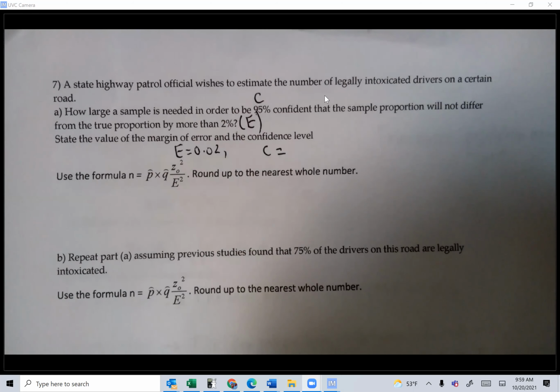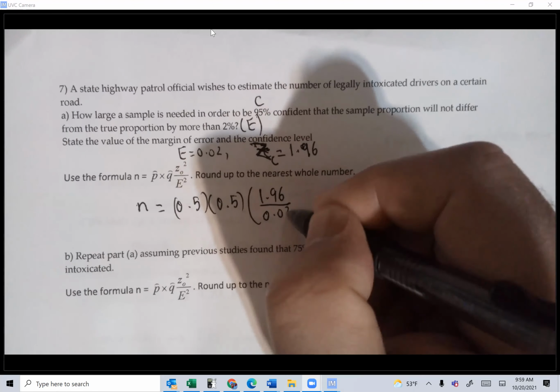Exactly. So N, guys, will be 0.5 times 0.5 times 1.96 divided by 0.02 squared.